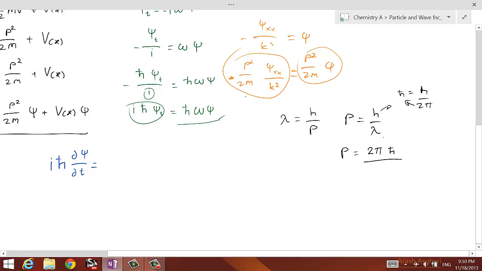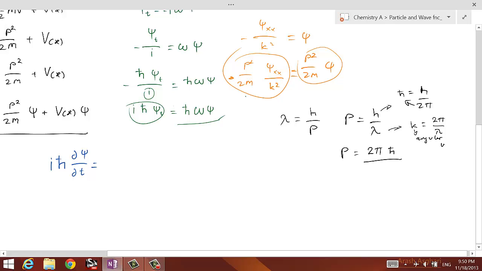Lambda has a counterpart we call k, which is equal to 2 pi over lambda. K is called the angular wave number.